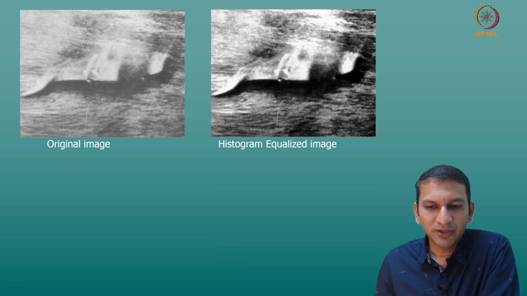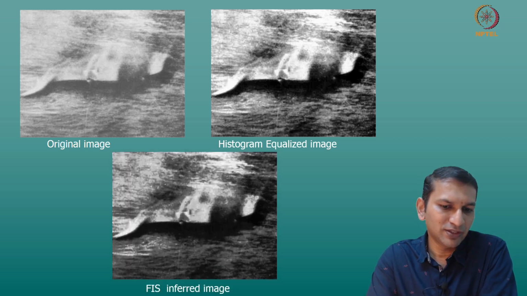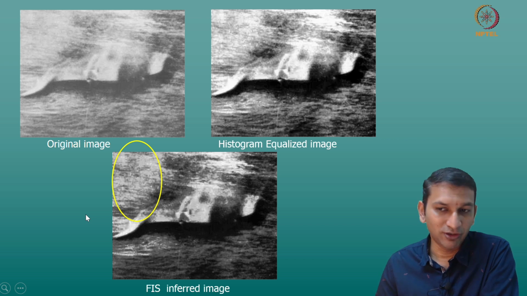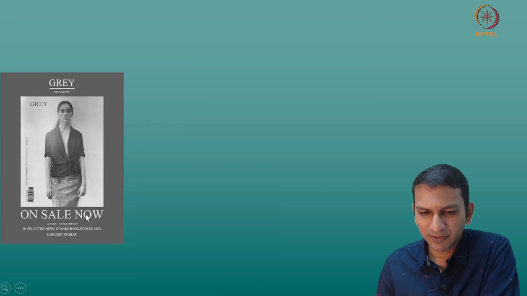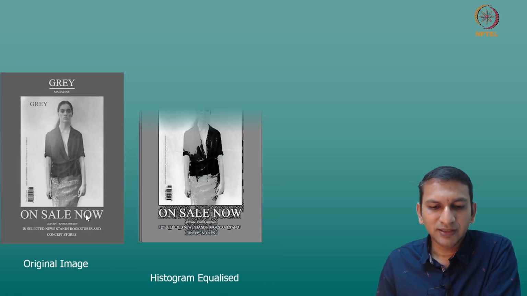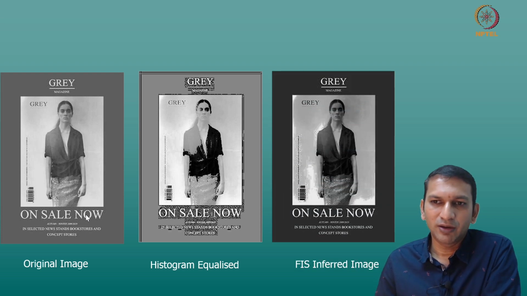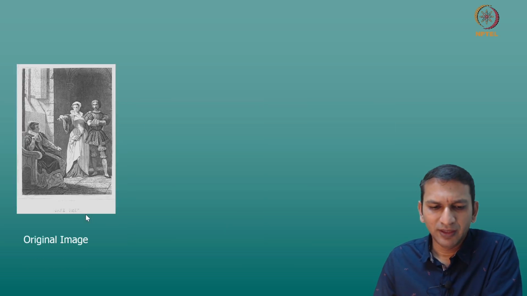So if you look at this particular image, the histogram equalized image is this, and what we obtain out of our fuzzy inference system is this. Clearly you can see in some parts of the image, the details are much better, and the contrast enhancement is much better than the original or the histogram equalized image. And in this case, it's immediately clear visually that the image processed by our fuzzy inference system is much better than the original or the histogram equalized images.